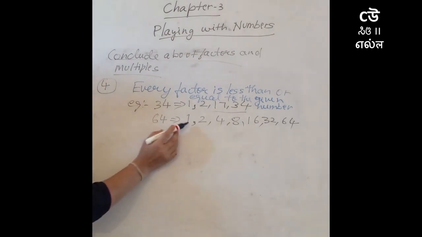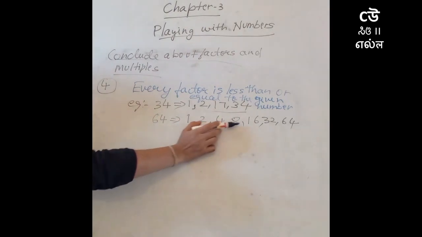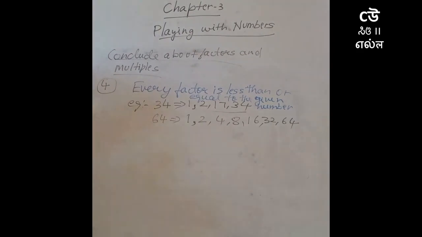So see, children, the numbers 1, 2, 4, 8, 16, 32. Are these numbers less than 64 or greater than 64? 1, 2, 4, 8, 16, 32 are less than 64, right?